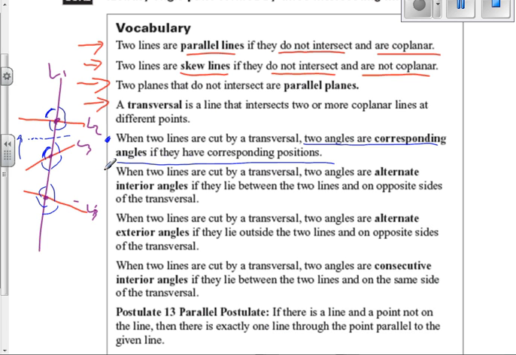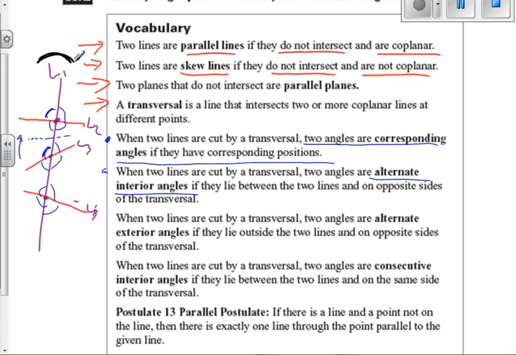So now let's look at the next one. When two lines are cut by a transversal, two angles are alternate interior angles. So I'm going to use my black. Alternate means on both sides of my transversal.